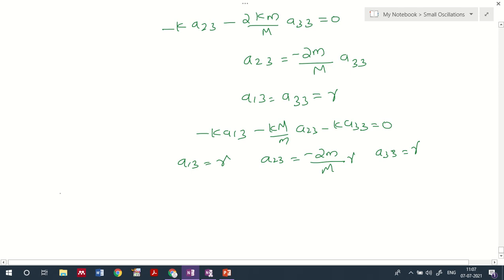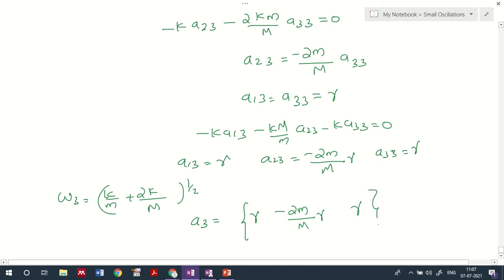And finally, when omega 3 equals (k by m plus 2k by capital M) raised to 1 by 2 as the frequency, the corresponding values for the eigenvector A3 will be gamma, minus 2m by capital M gamma, and gamma, as the three solutions for the eigenvector.